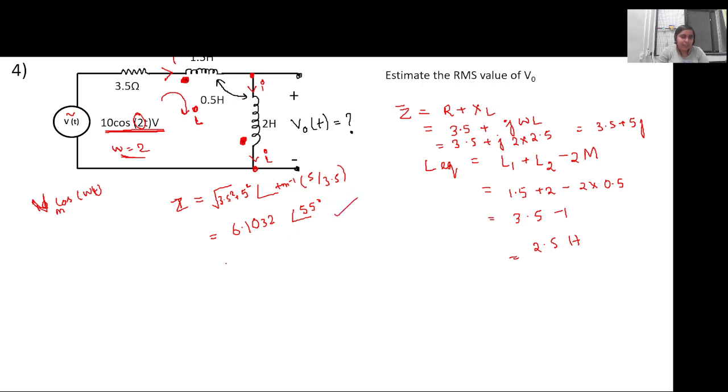So can we calculate the I phasor now? V by Z, right? V is given as 10 cos of 2t.